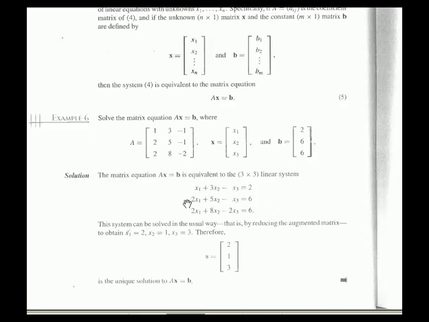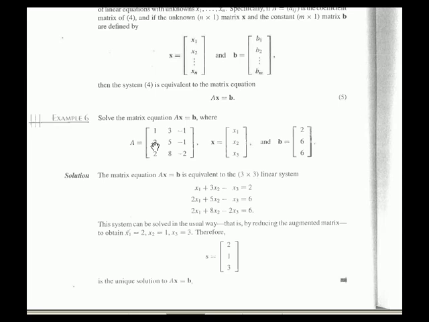An application of matrices is if you have a linear system. We represent it sometimes by an augmented matrix, but you can also represent it in the form AX equals B, where A are the coefficients of the x's and B is the right-hand side vector, because, for example, this linear system here is equivalent to A times x equals B. Because what is A times X? The first element is the dot product of the first row with the first and only column of X, so it'd be 1 times X1 plus 3 times X2 minus X3 is equal to 2.